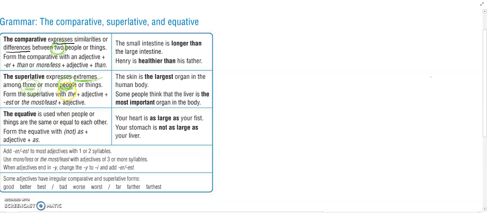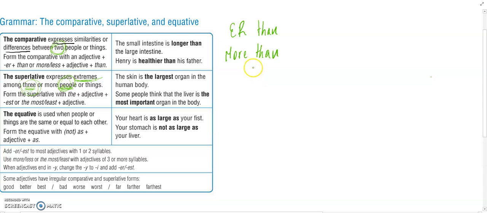Okay? So this is pretty similar to what we studied in the comparative, because the rules are pretty similar. Remember, in the comparative we had 2 possibilities. We have ER and then than, and the other option was more than.